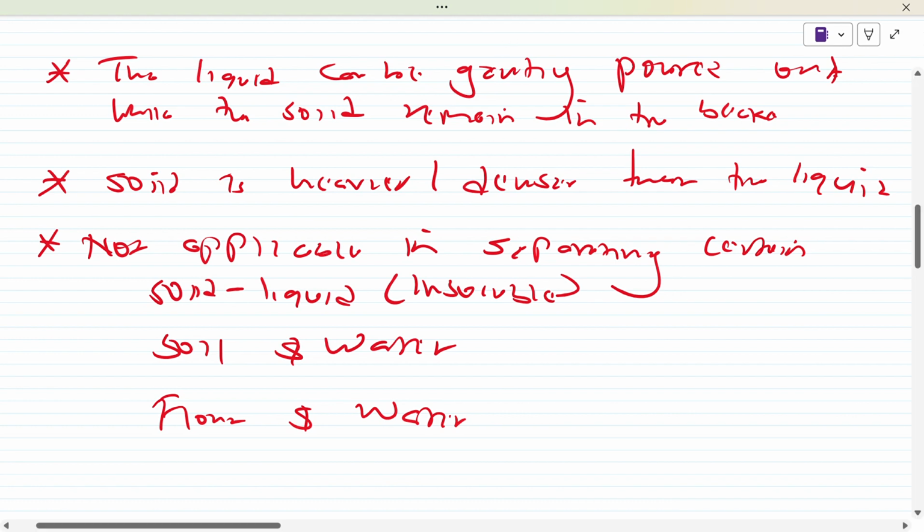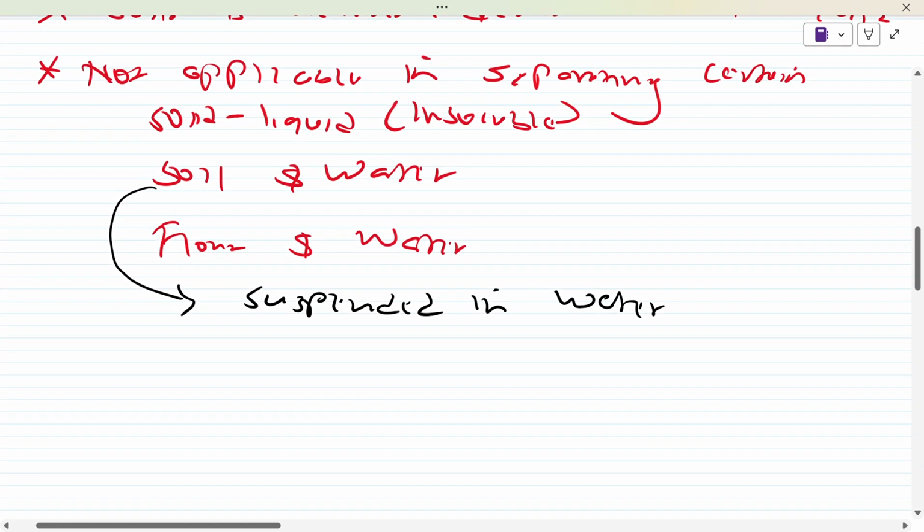Why? Because certain small particles of soil will be suspended in water. For example, I know most of you have seen certain rivers that are very dirty. Their water is sometimes brown in color.